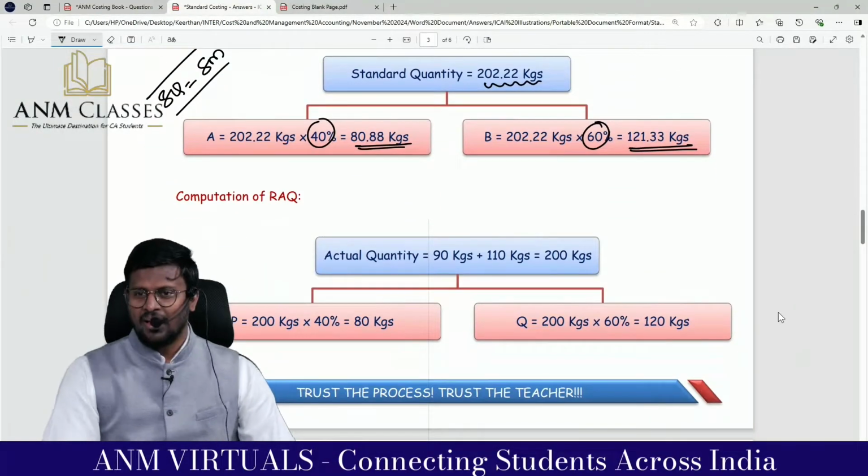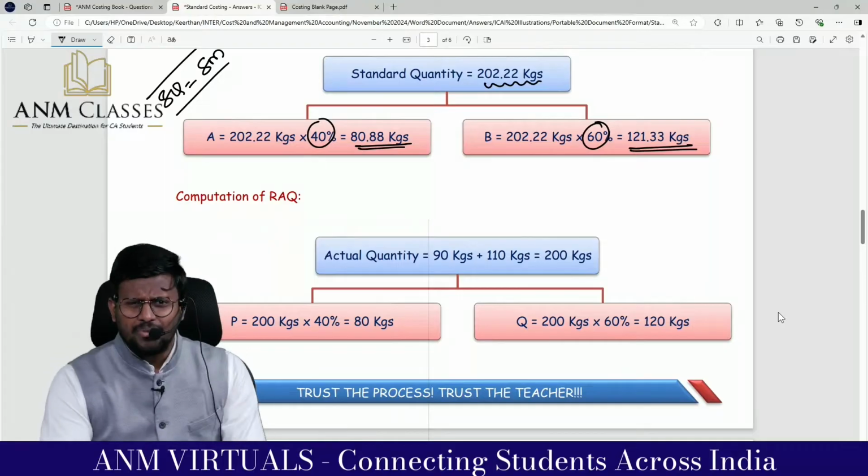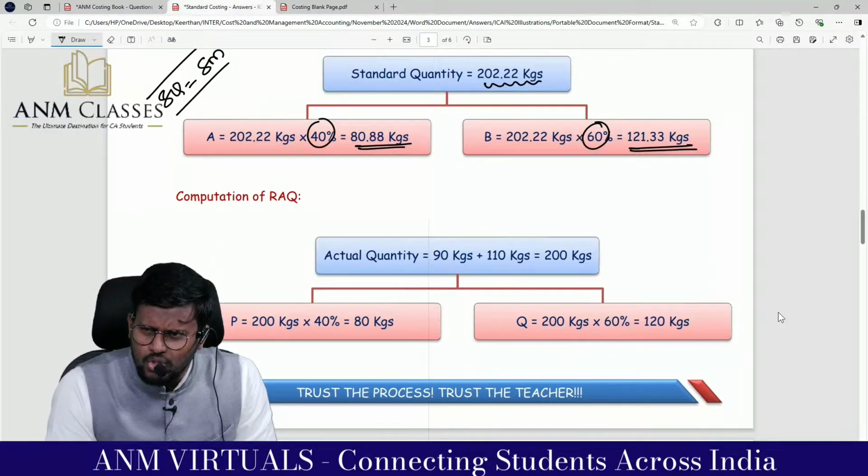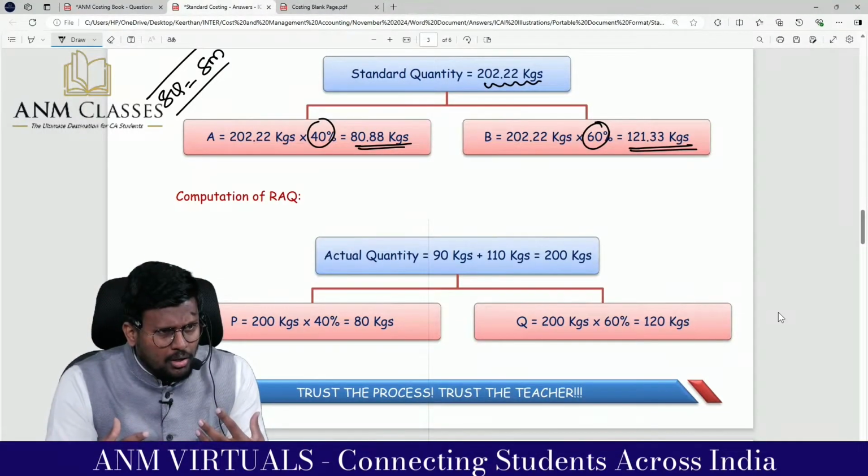So what is the first column? Standard quantity into standard price. Have you all understood how to find the standard quantity?